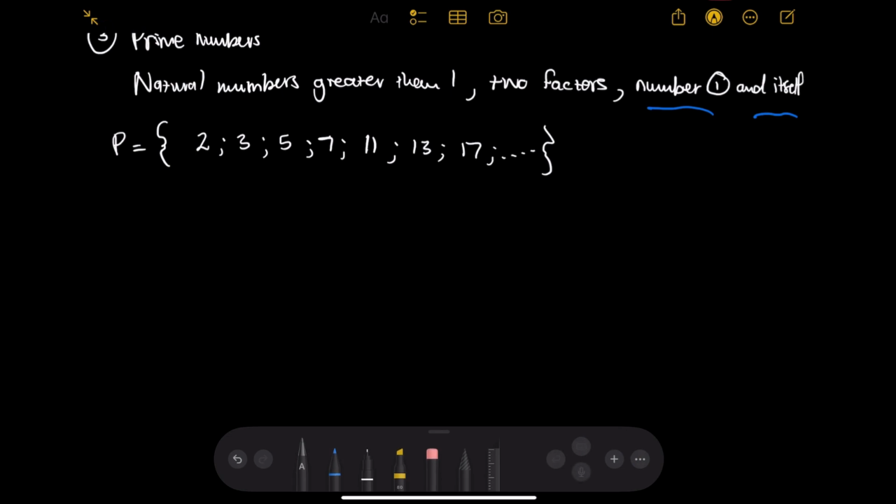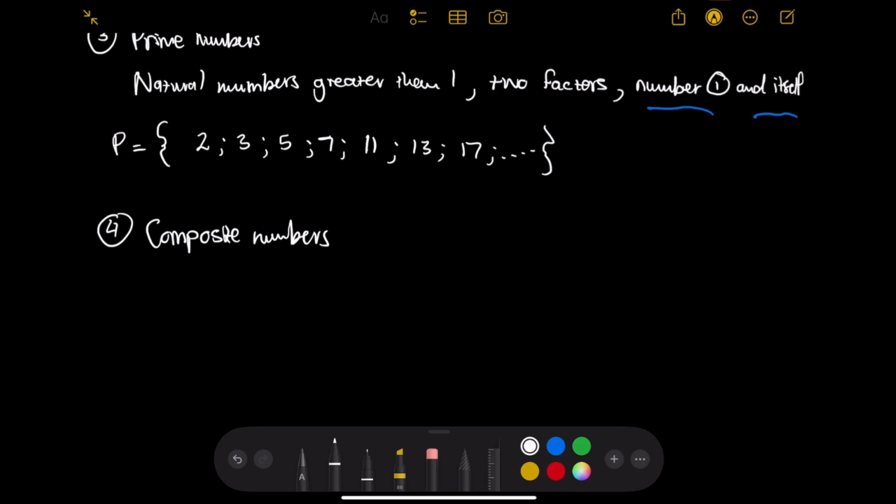So moving on from that, what we can discuss next is composite numbers. So when we think about composite numbers, largely they are the opposite of prime numbers, right?